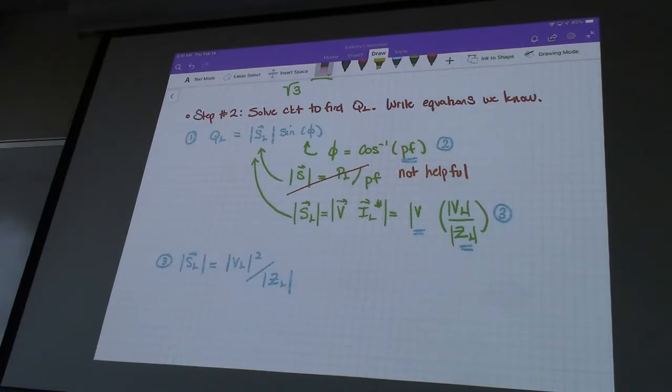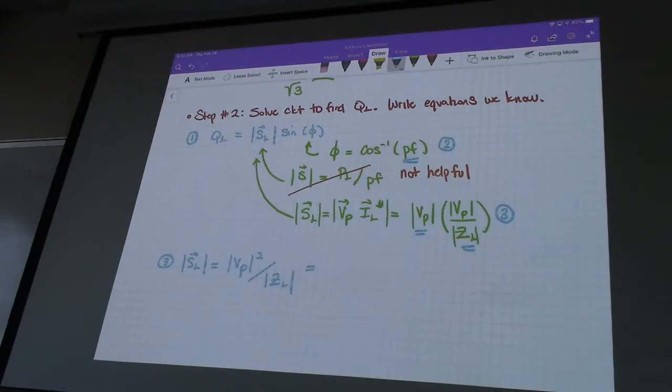Up above I called this VP, so I want to use that same notation. That's the phase voltage. So that gives us 120 squared over the magnitude of 10.